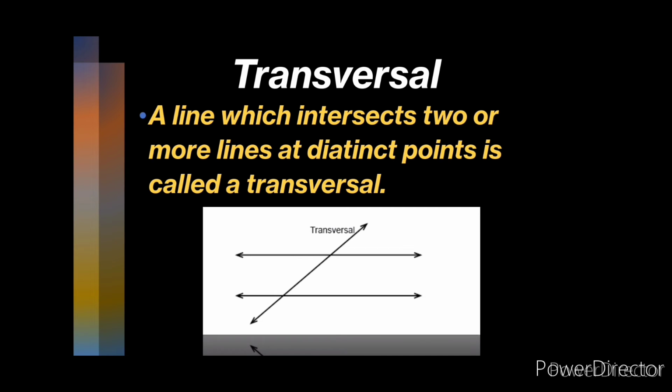You can be clear when you see the figure that two lines are drawn. Suppose that L and M are drawn and T is a transversal. So T is intersecting L and M at distinct points, so it is a transversal.